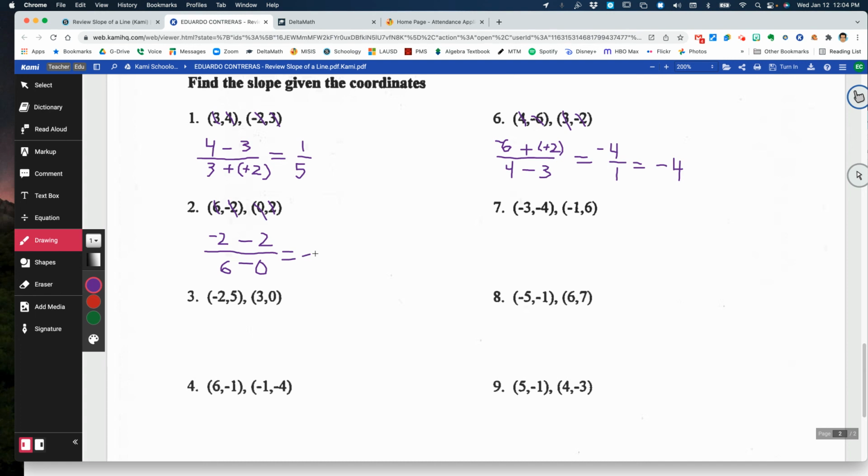Okay, wow. Let's see. I got a negative and subtraction. Again, I'm going to do keep, change, opposite. You keep the -2, change this to plus, change this +2 that we had into a -2. So we're adding -2 plus -2. That's -4. And then 6 take away 0 is 6.